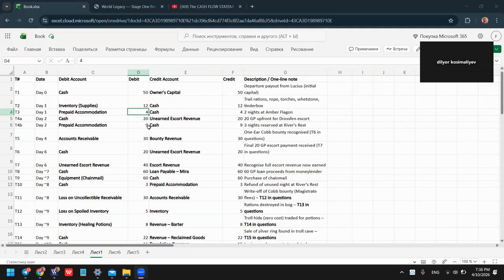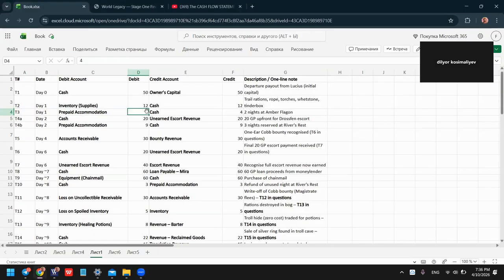The income statement only cares about how many days she stayed, and in the cash flow we track how much money she paid as a prepaid expense.